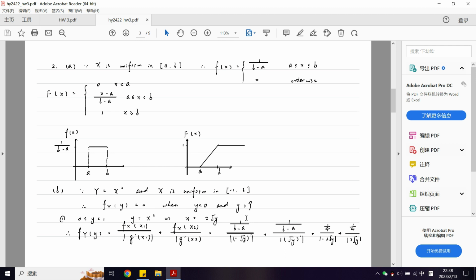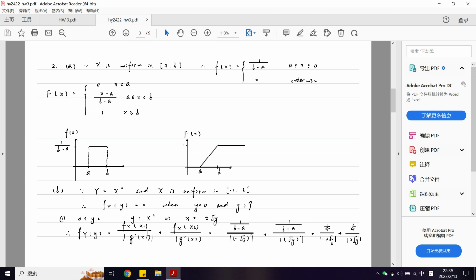The first root is the square root of y. The second root is minus the square root of y. So after that, we can calculate with this formula.